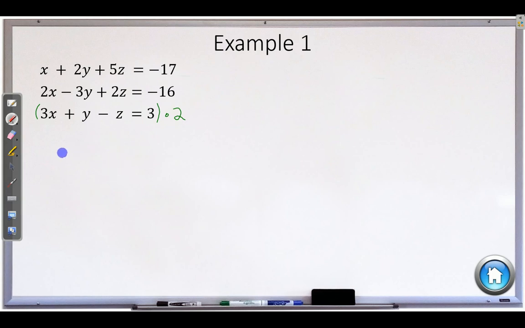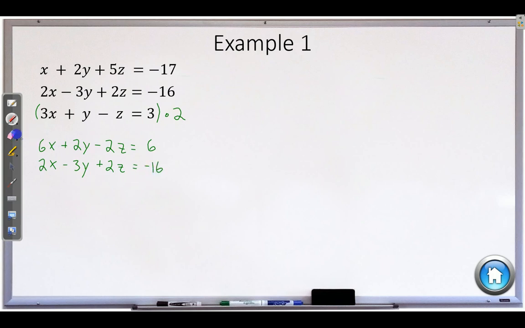So what that will become is, let's see, distribute, we'll get 6x plus 2y minus 2z is equal to 6. And I'm going to compare it to this one here, so I'm just going to rewrite it right underneath it so I can see them right next to each other. Is equal to negative 16.